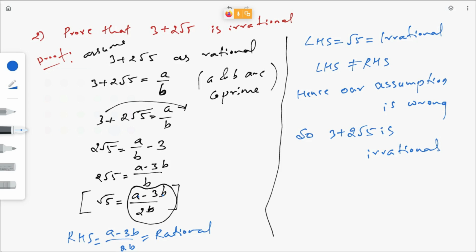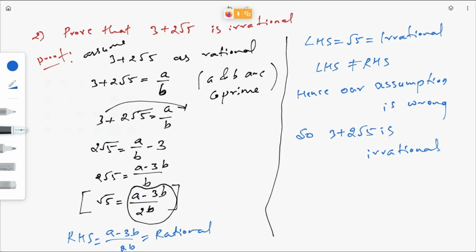This one is far better than the previous two problems. No common factors, no divides this, divides that. You need to just take the given number as a by b and then make some rearrangements. Just move these 3 and 2 to the RHS.